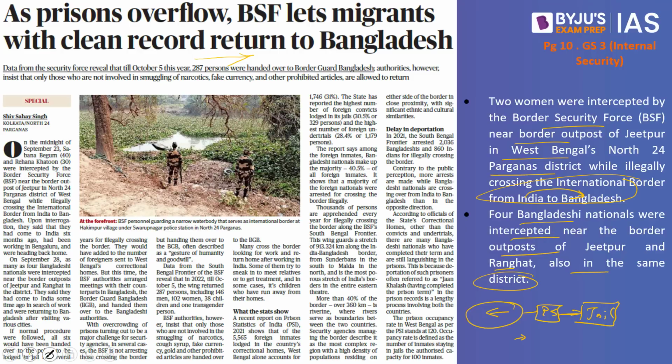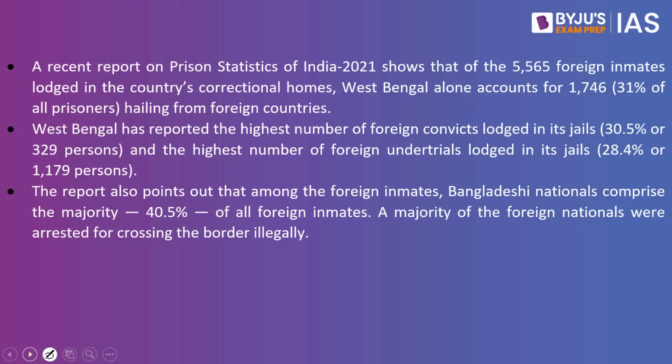Now if we look into the statistics, a recent report on prison statistics of India 2021 shows that of 5,665 foreign inmates lodged in the country's correctional homes, West Bengal alone accounts for 1,746, that is 31% of all prisoners hailing from foreign countries.